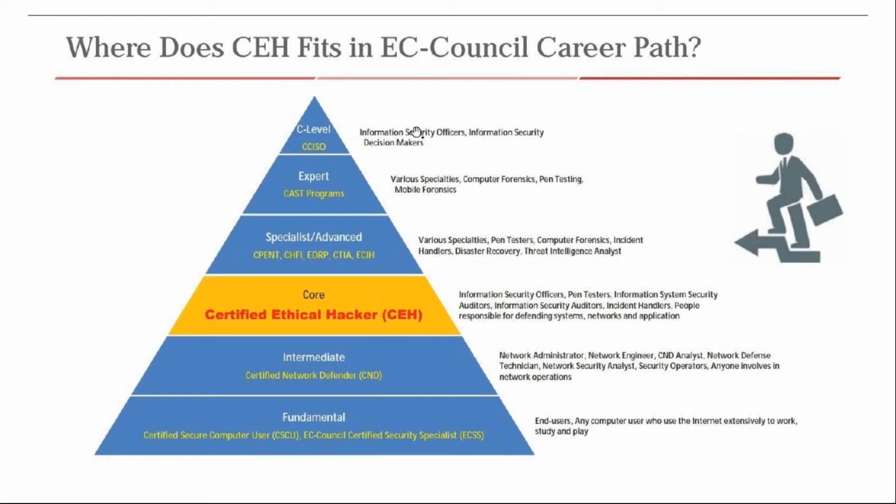They can help organizations to assess their security. You can be part of the disaster recovery plan as well, and you can be part of the disaster recovery team. You can also join a company to test their network security or application security. You can also be a member of the information security auditing team. So these are a few job roles which you will get after completing this CEH training.